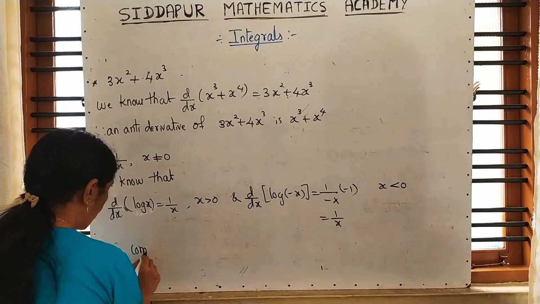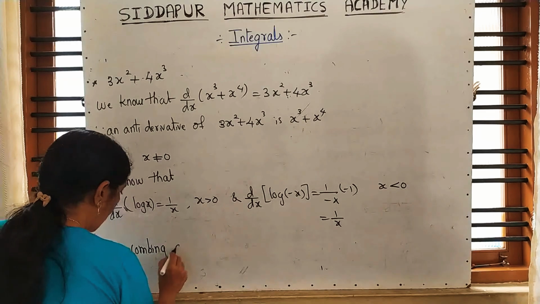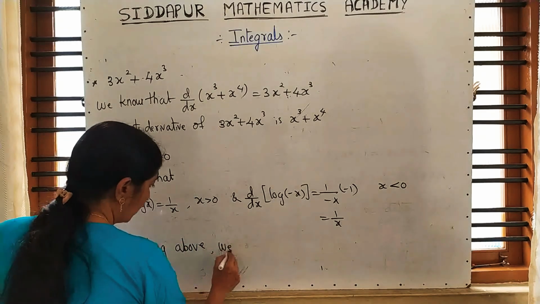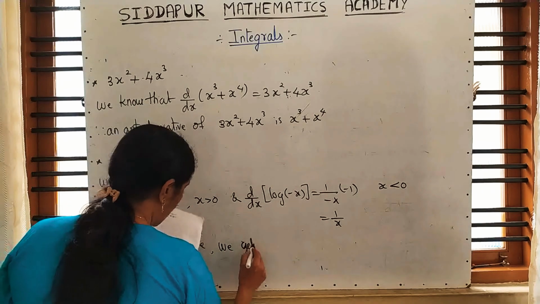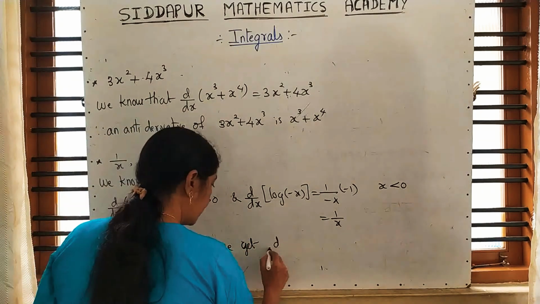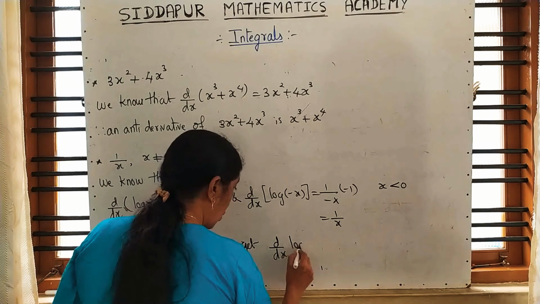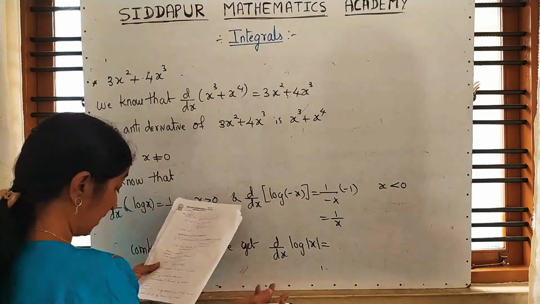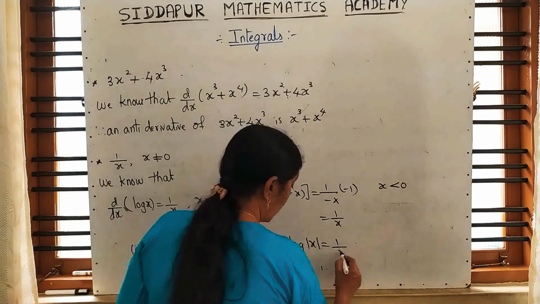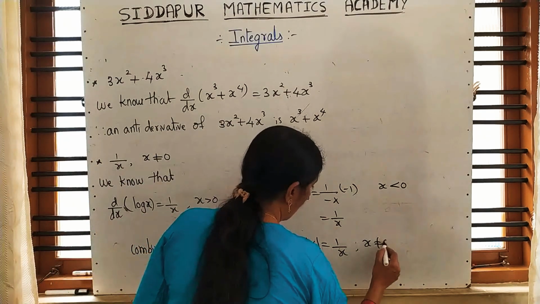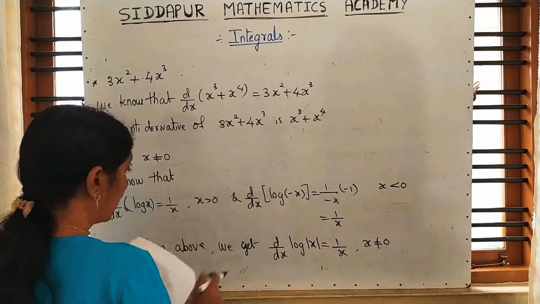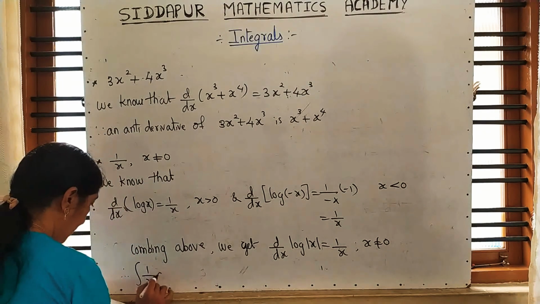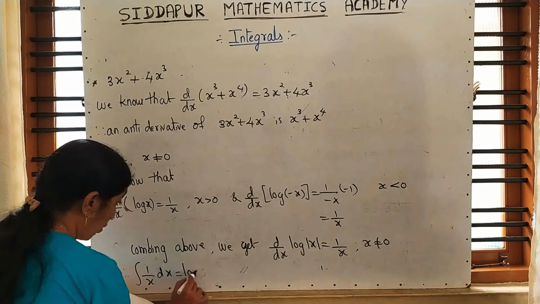Combining these two, we get differentiation of log of mod x, because both are possible, greater than and less than, is equal to 1/x, where x is not equal to 0. Therefore, integration of 1/x is nothing but log of mod x.